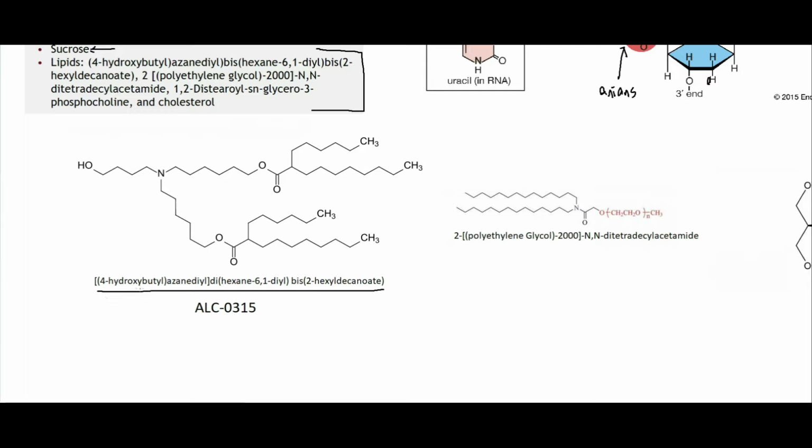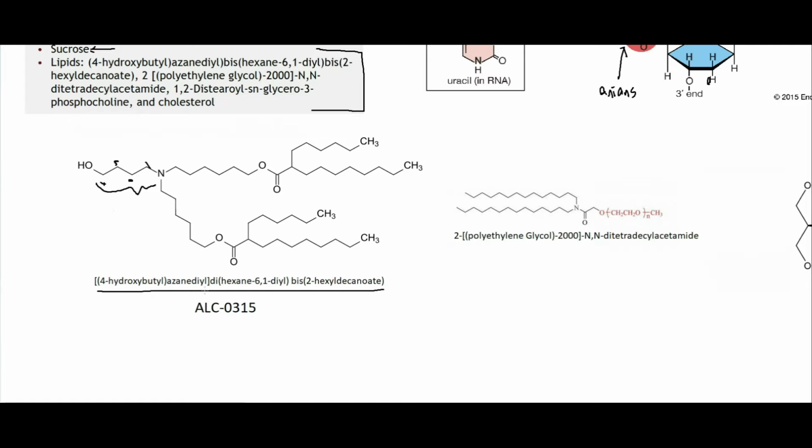The 4-hydroxybutyl is going to be 1, 2, 3, 4 carbons, then this hydroxyl group, and a 4-carbon chain is a butyl group, or butane. Butane, you might have heard, is in lighters, and that's just a 4-carbon chain.